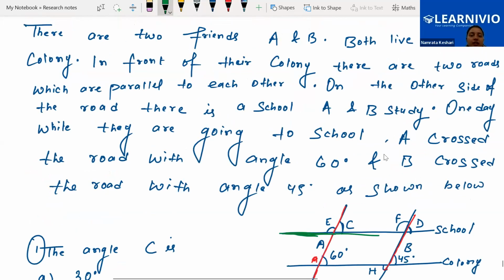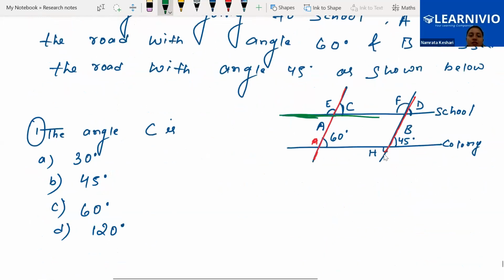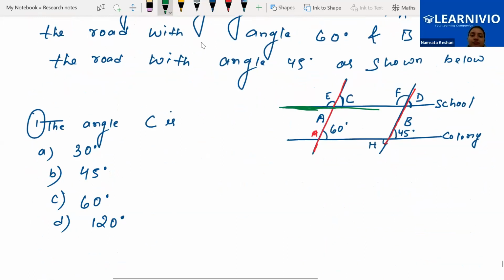So for finding any angle, whatever is asked, let's focus on the figure and find it. It is written only that this line and this line are parallel lines. Okay. Try finding angle C. Just a second. Try finding.